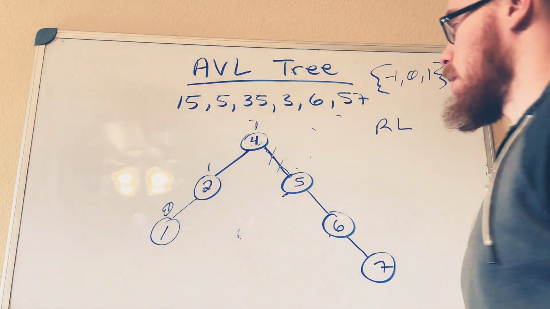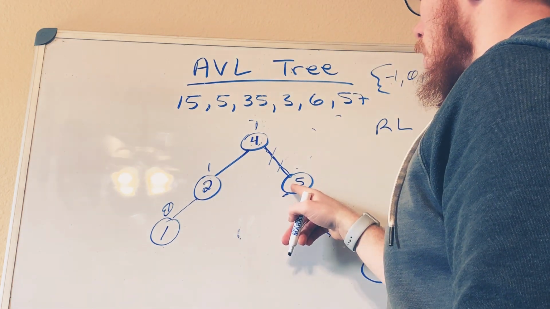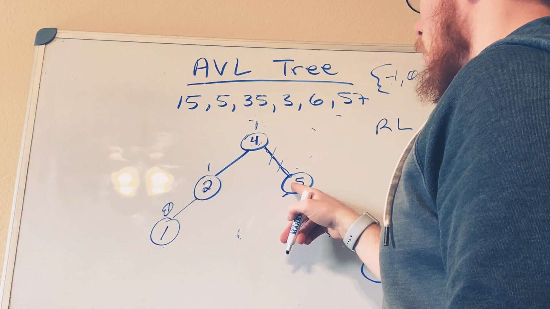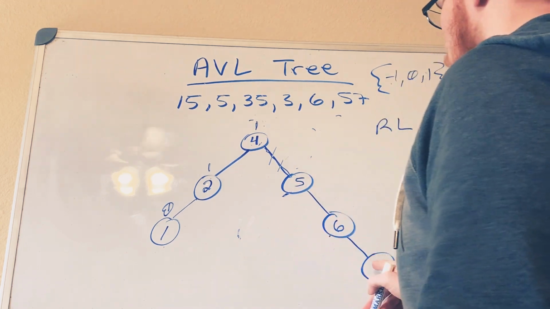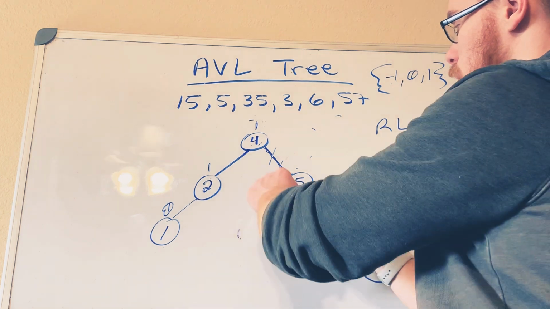And I like to think of it as this is the node that we're working with. We're going to go to the right and then to the right again to get to this guy, and then we're going to push it up.